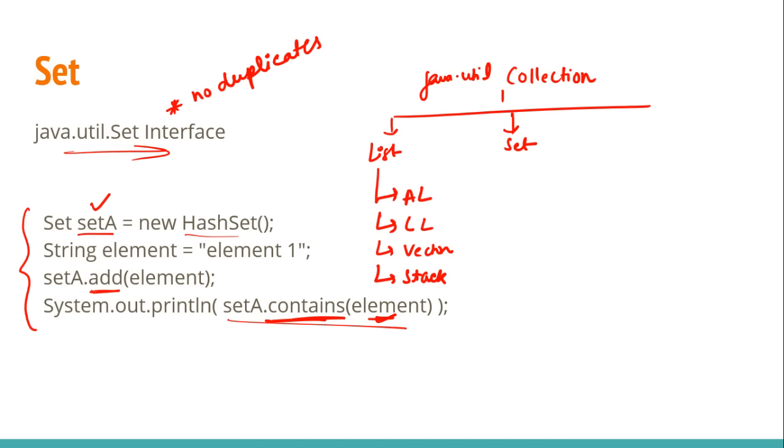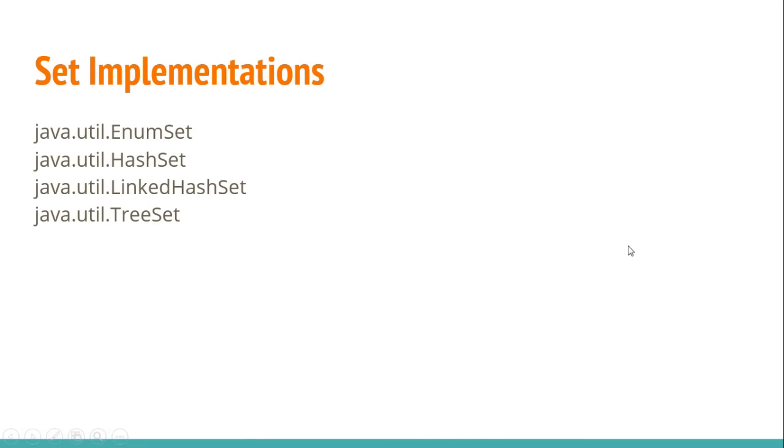And other than hash set, we have more implementations for different needs. One is enum set, one is hash set, one we have is tree set. Let me quickly move on to the next. Yeah, enum set, hash set, linked hash set, and tree set.